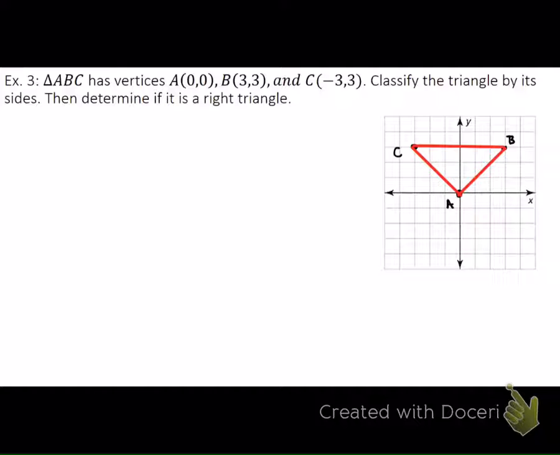Before we do this, how many degrees are in a triangle? Yes, triangles, 3 angles add up to 180. Thank God Katie knew what I was talking about. So remember, all 3 angles add to 180 in a triangle every single time. All right? Let's first do the distance formula on all 3 sides.